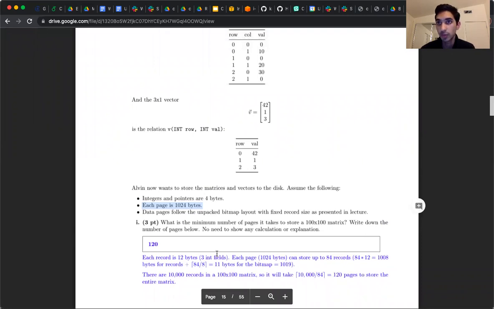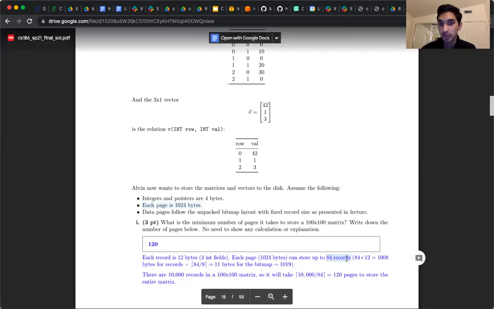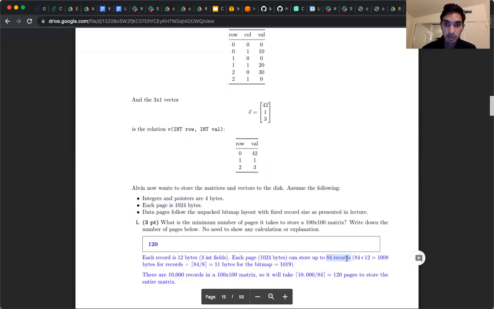Convert your 12 bytes to bits and add 1 for your bitmap, then convert your 1024 bytes to bits and divide by that result. So divide 1024 times 8 by 12 times 8 plus 1, and you'll get that you can fit 84 records onto a particular page.